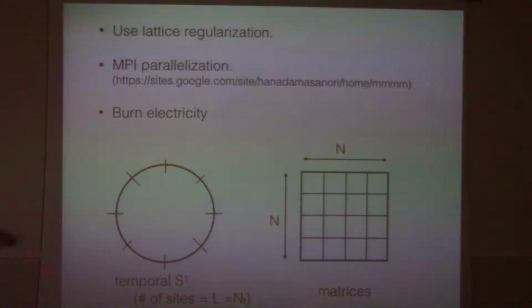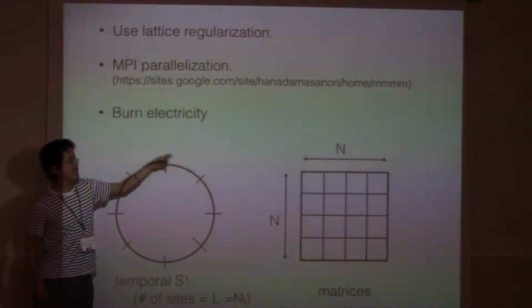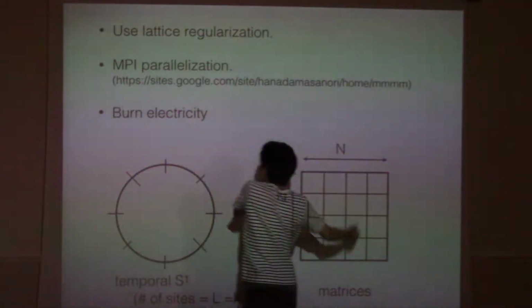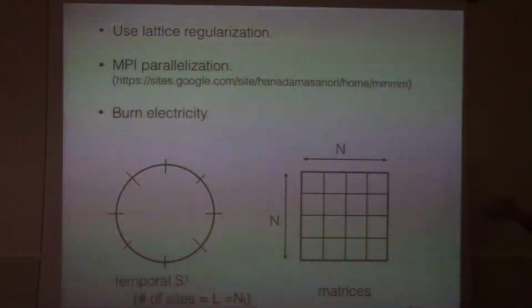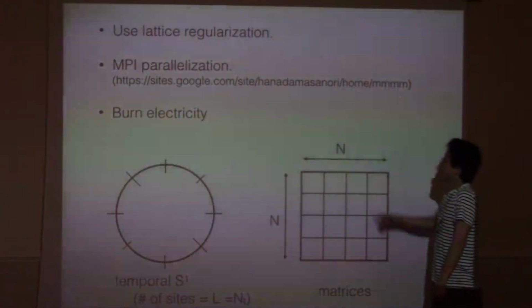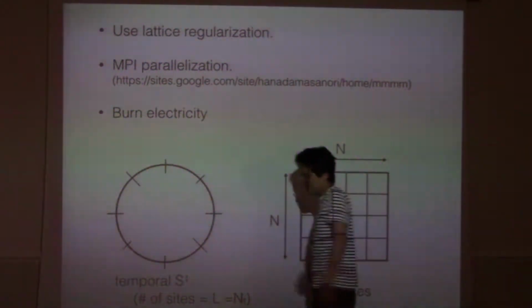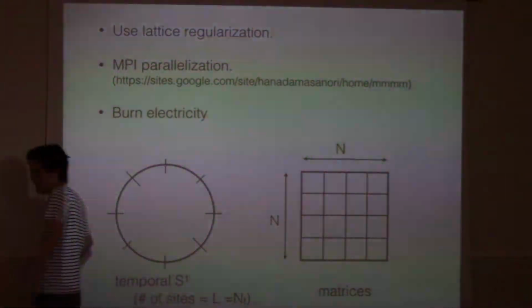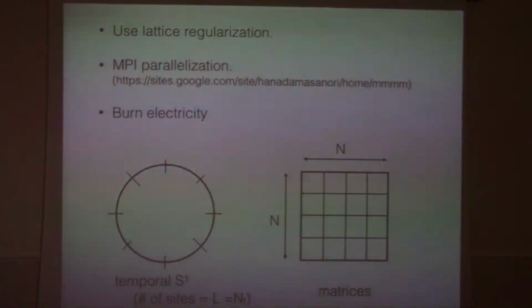You can imagine the matrix as something like a non-local lattice. So we see the matrix direction as if it's a kind of lattice, and we divide the matrix into sub-matrices, write the simulation code for that, and burn a lot of electricity.